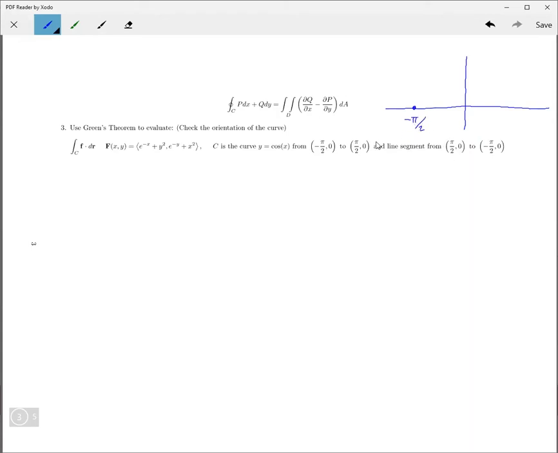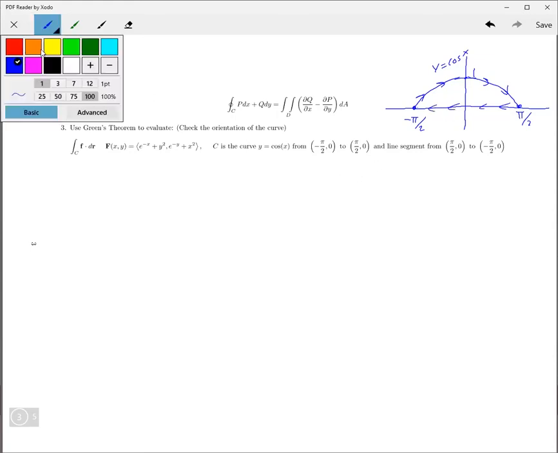So negative pi over 2, the cosine comes up here to 1, and it goes down. So this is y equals cosine x, this top curve here, and then this is pi over 2. So what's happening is you're going to take the curve from negative pi over 2 up over this hump right here, and then you're going to take the line segment back.